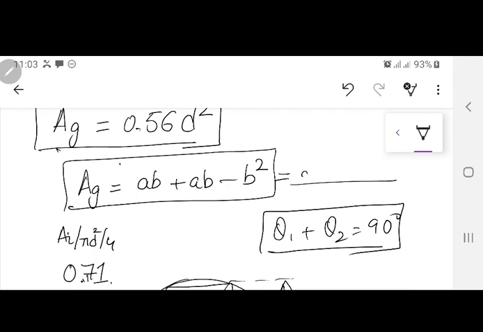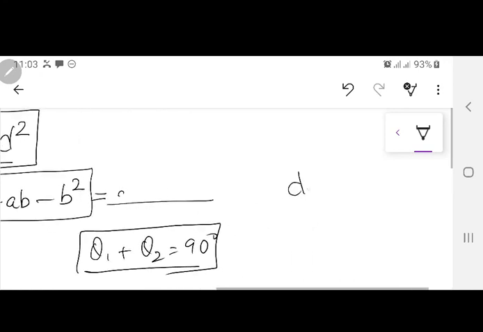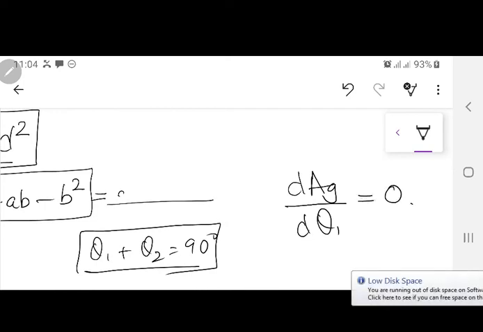When you have that equation, your gross area will be maximum when you take the derivative of the gross area with respect to the angle, d theta 1 or d theta 2, and equate it to 0, because at the maximum point of the area, the slope would be 0.